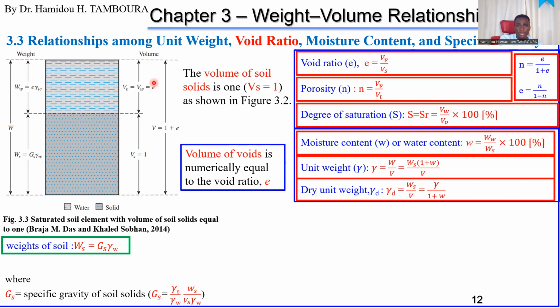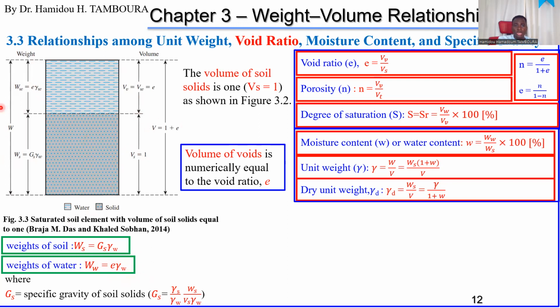Volume of water is e, and unit weight of water is well known. I told you since the beginning. You should know that. Then we can say that the weight of water is e gamma W. So we have now this key formula or key point.